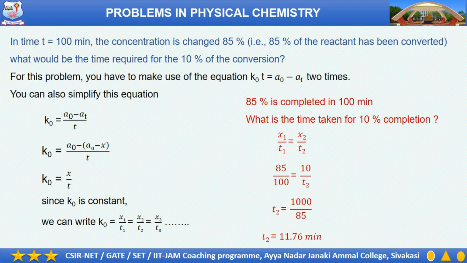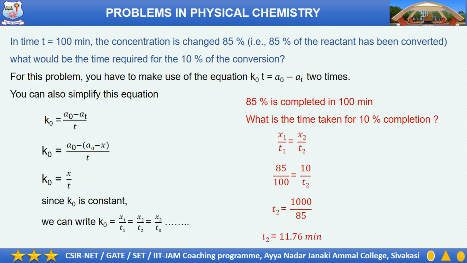In terms of amount consumed, A naught is A naught, and At is A naught minus X, where X is the amount consumed. Therefore, you can substitute in this. You will get A naught minus A naught plus X by t, which you can simplify as X by t.